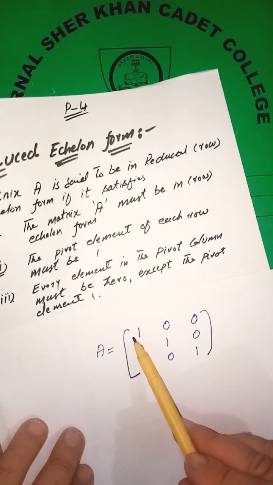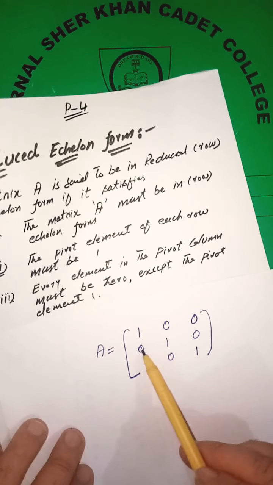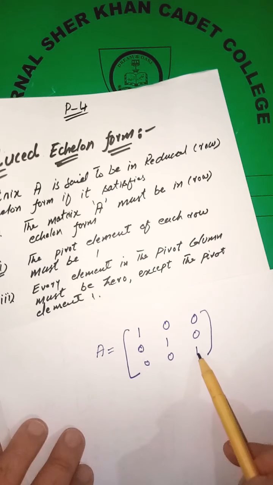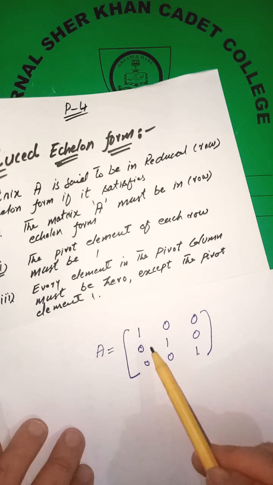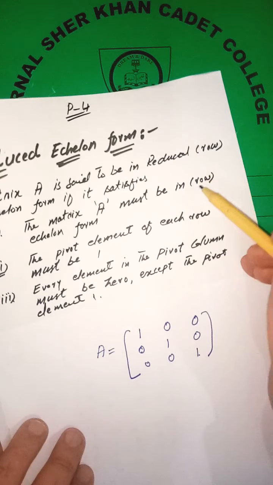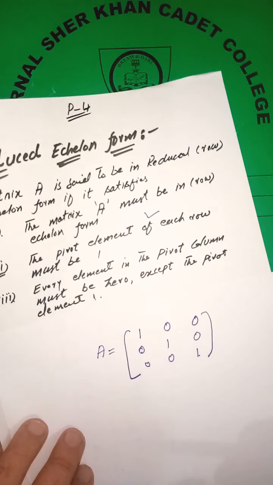In the first row there is no zero, in the second row there is 1 zero, and in the third row there are 2 zeros. So the first condition is satisfied.